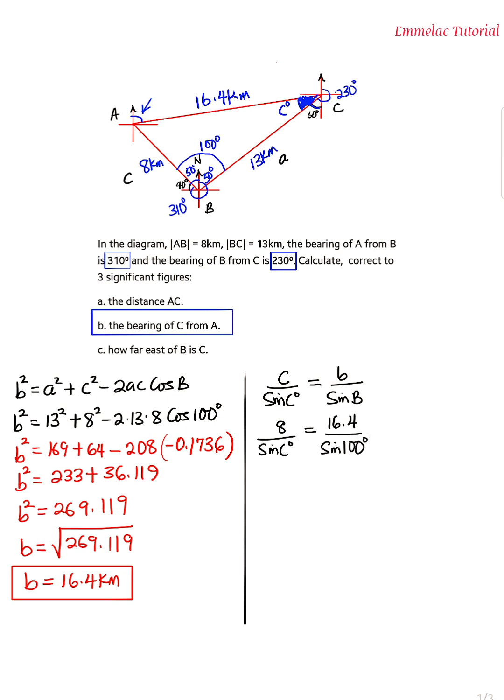If you are to make sine C degrees the subject of the relation, we end up having sine C degrees equals, just cross multiply.